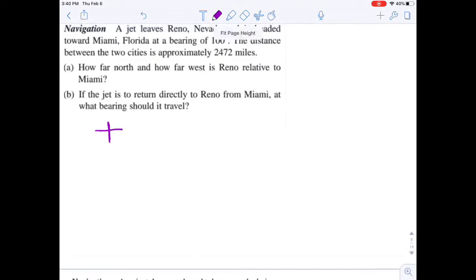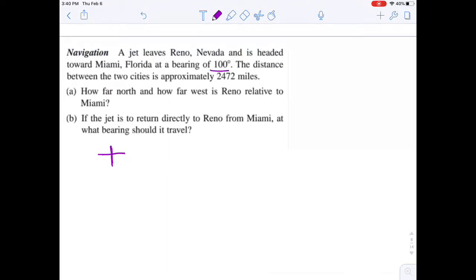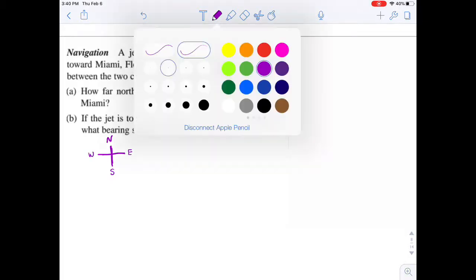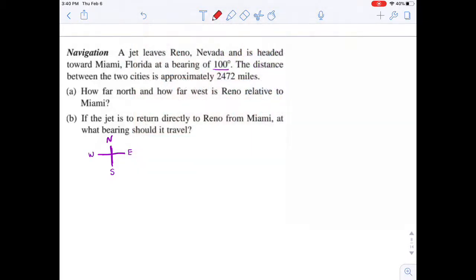There was no direction that went with it, so that means we are traveling from north and going clockwise. From north, we're going to go clockwise 100 degrees. That would be a little bit past 90. So this would be a good angle to represent a bearing of 100 degrees.